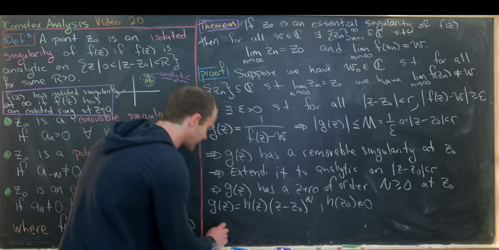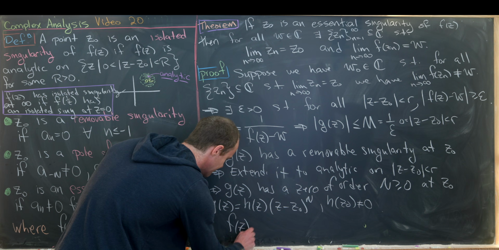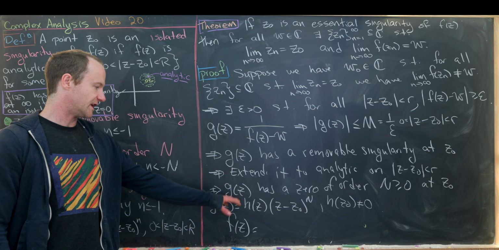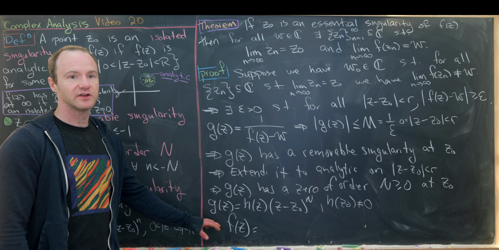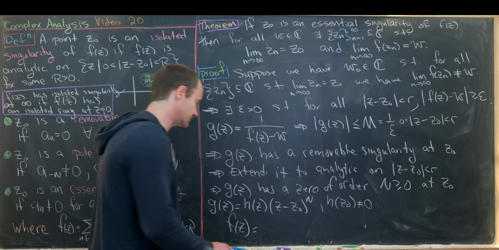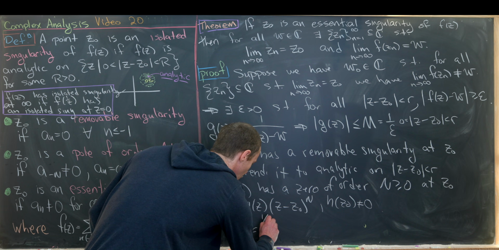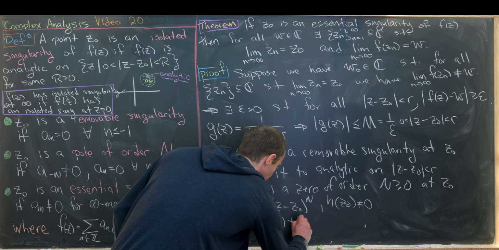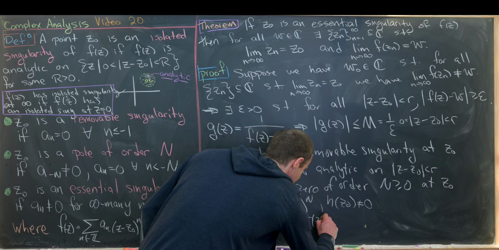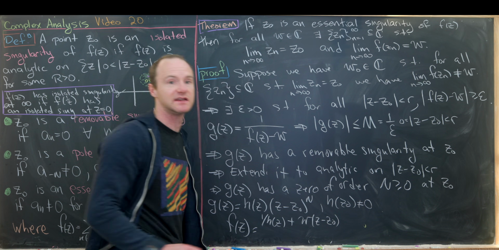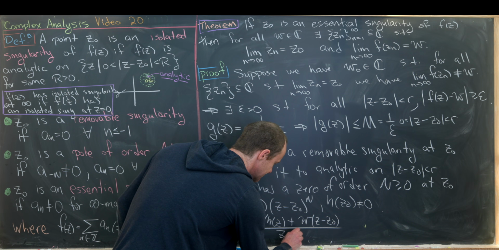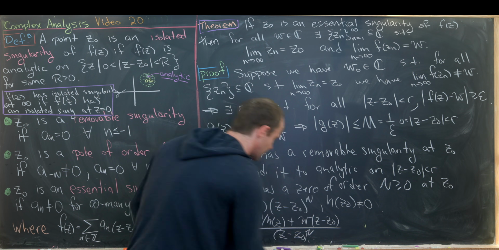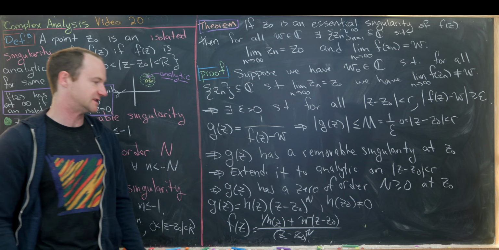Okay, so now from here, we can take f of z and solve it in terms of h of z and all of this other stuff. So I'll let you check that I make the right calculation, but what it turns out to be is 1 over h of z plus w times (z minus z naught) over (z minus z naught) to the nth power. Okay, so that's what we get for f of z.